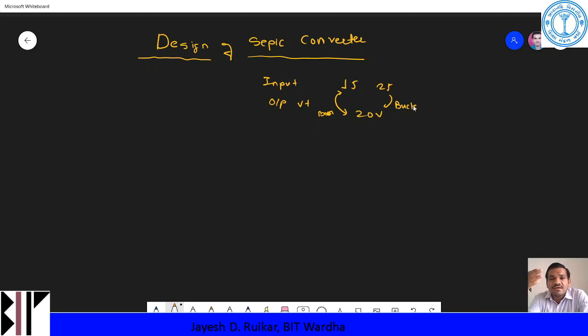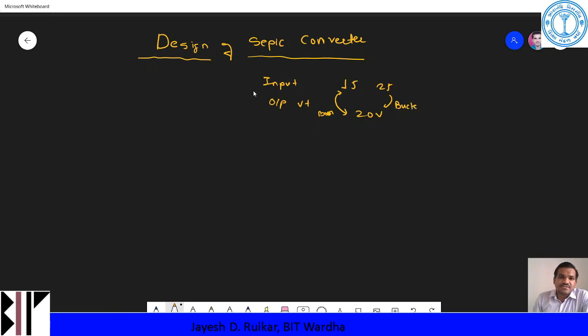Other than the buck boost converter, we have the Cuk converter and the flyback converter, which work on the same principle, or you can say they act as a step up or step down converter at the same time.